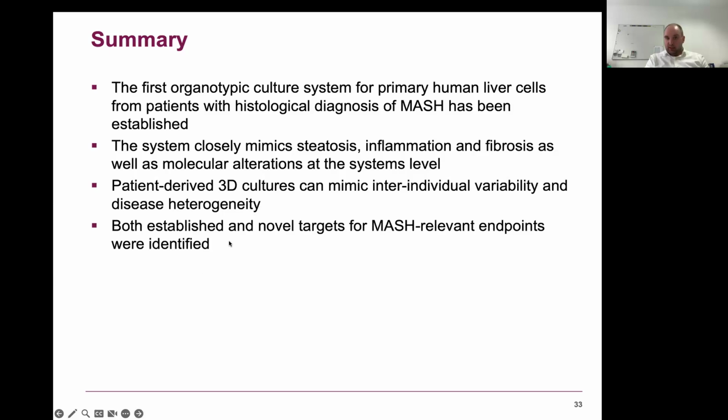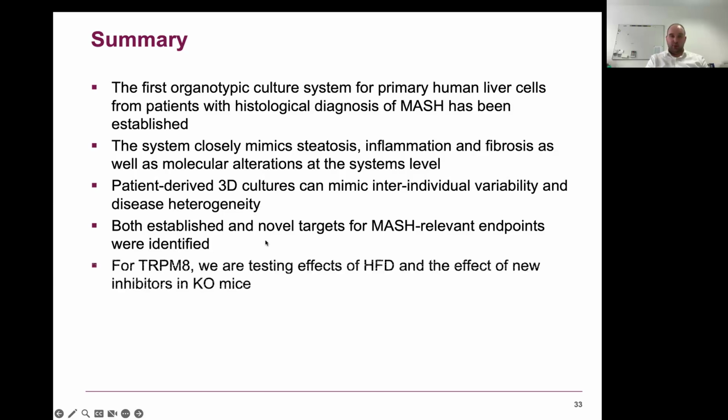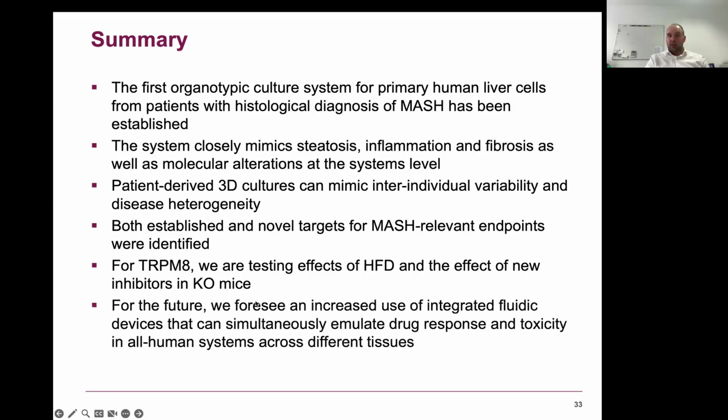We can identify both established and novel targets for MASH in this context using chemogenomic screening. For TRPM8, this is a very interesting target for us there. We are using different MASH animal models now as well as developing new inhibitors. And in the future, we hope that these more integrated circuits can simultaneously emulate drug response and toxicity in a more integrated all-human context.